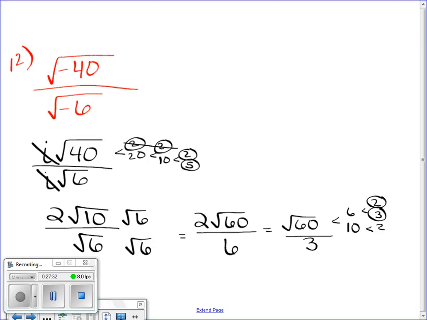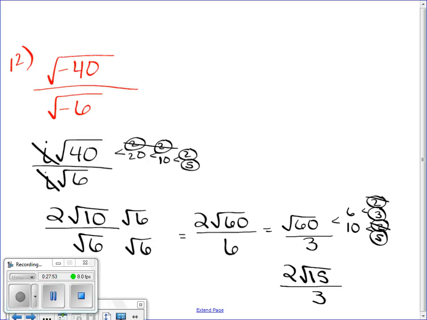Some of you have recognized there's a pair in there. What do we have a pair of? Yeah, there's a pair of 2s hiding in that thing. So let's take out the pair of 2s. We have singles of 3 and 5, so radical 15 all over 3.